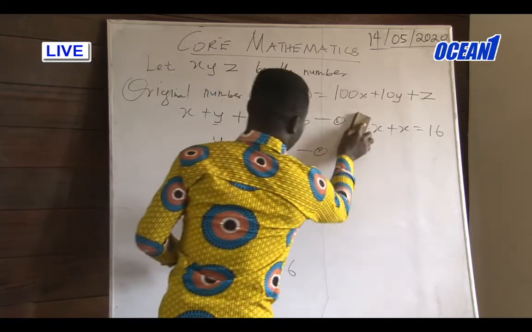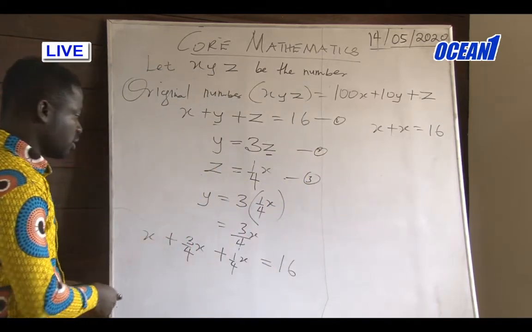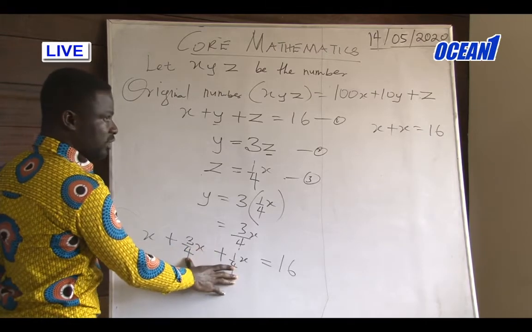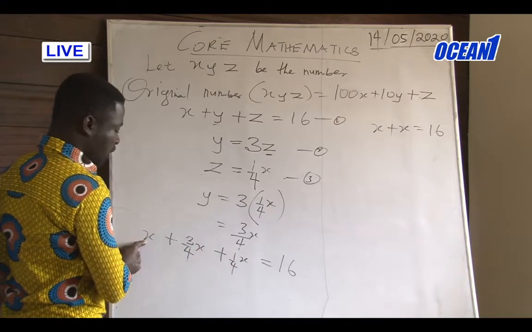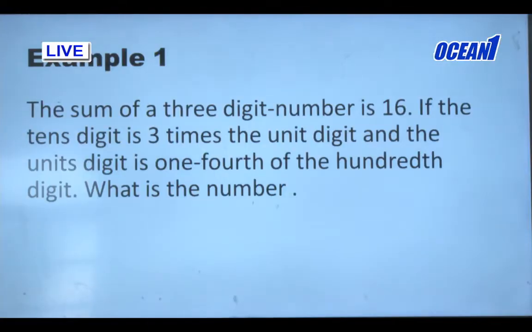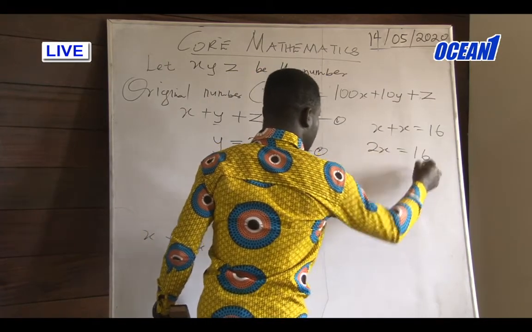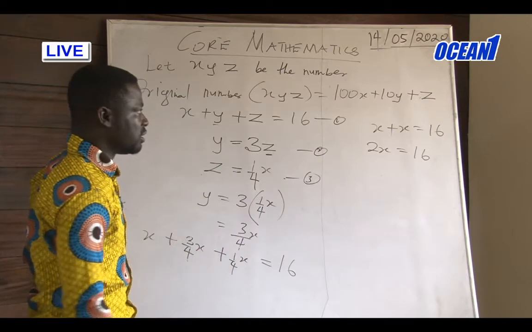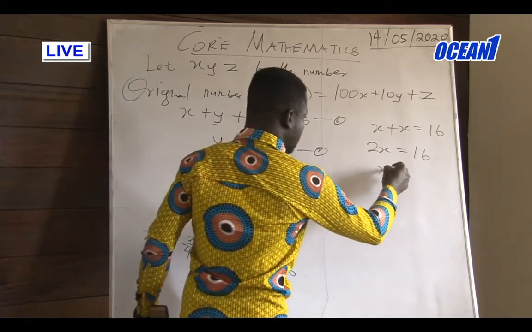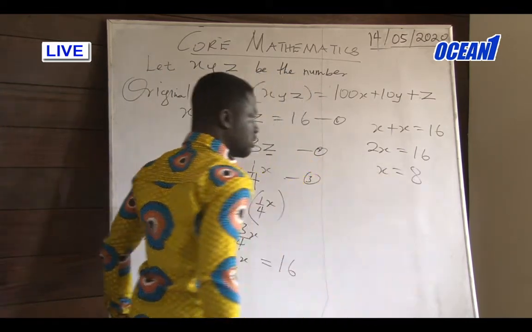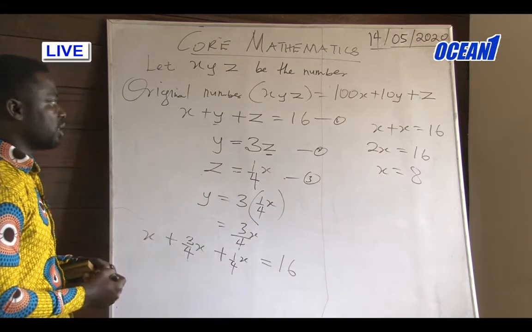Sorry, x plus x is 16. 3 over 4 plus 1 over 4 gives us 1, added to x is x. So I have 2x, which is now 16. If 2x is 16, it implies that x is 8.